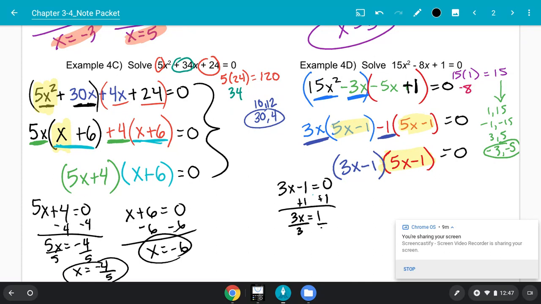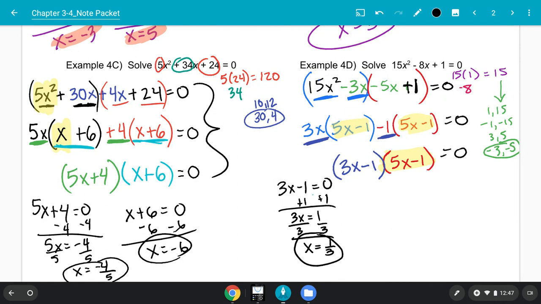Divide by 3, divide by 3. X equals 1/3, so that's one of our solutions. And then here we set this guy equal to 0 as well. Add 1, divide by 5, divide by 5, and then we get x equals 1/5.